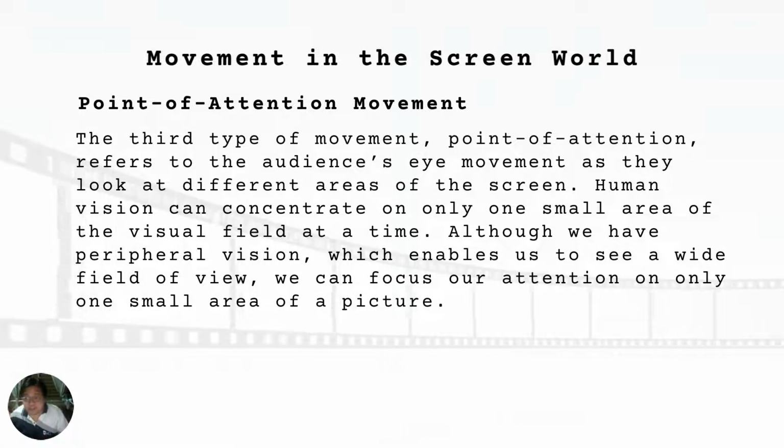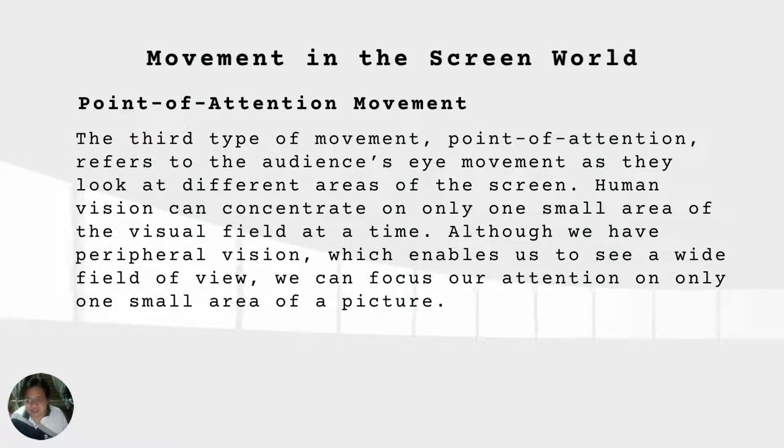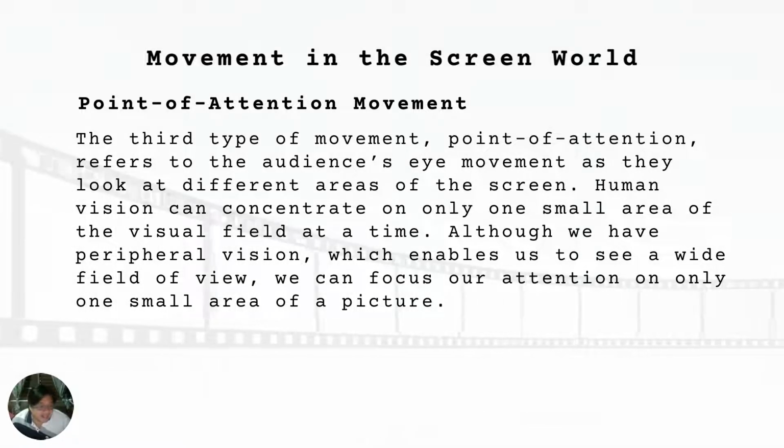It is impossible to concentrate on 2 faces at once. So, you have to look at one face at a time. Now, the same thing happens when you look at a screen. Although an audience is aware of the entire picture, they can focus their attention only on one small area of the screen at the same time.